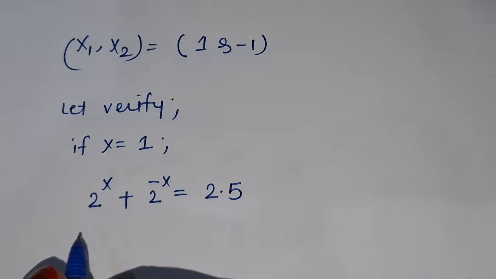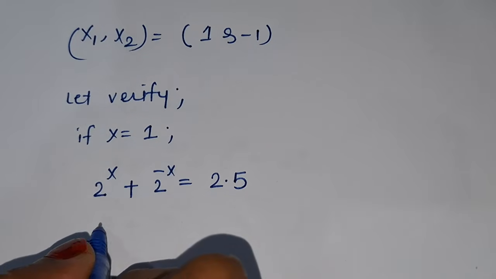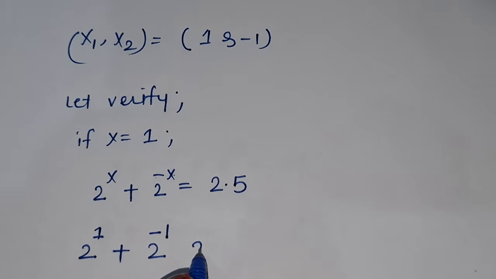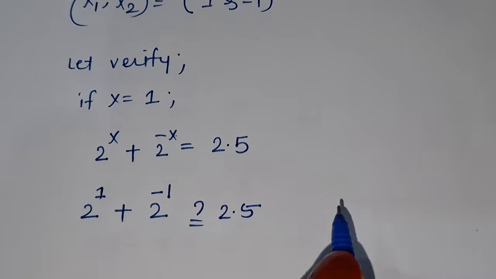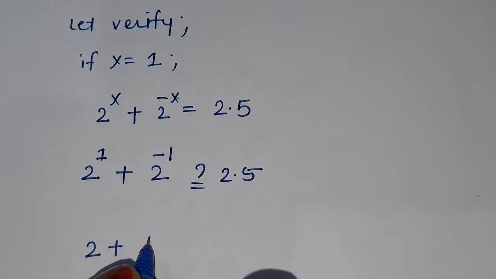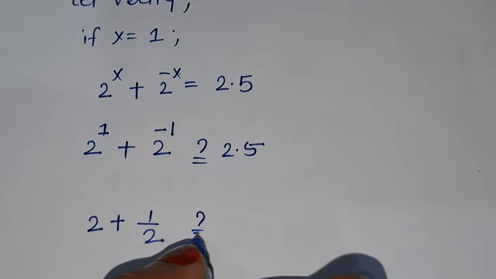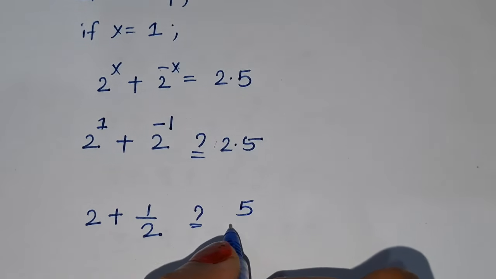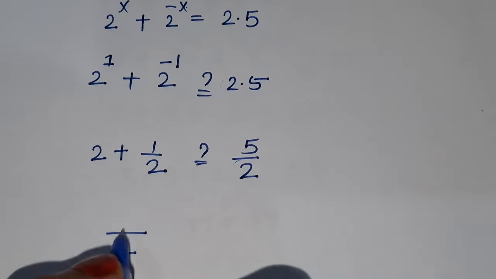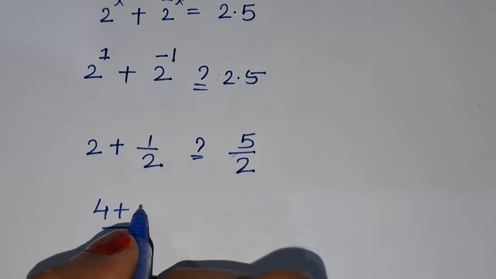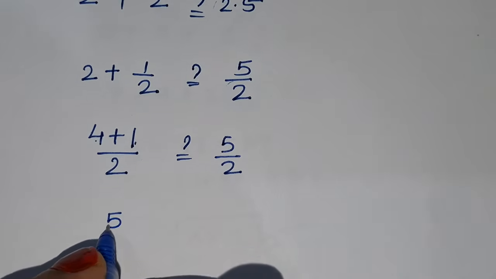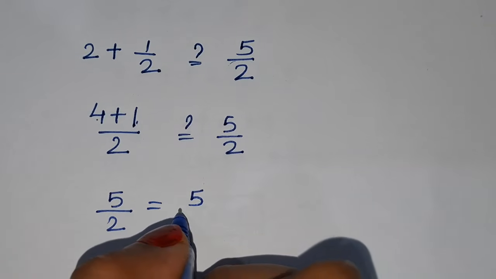Here x is 1, so 2 power 1 plus 2 power minus 1 equals 2.5? 2 power 1 is 2, plus 2 power minus 1 is 1 by 2. 2.5 in fraction form is 5 by 2. Now taking the LCM, 2 times 2 is 4 plus 1, is 5 by 2. 4 plus 1 is 5, so 5 by 2 is equal to 5 by 2.